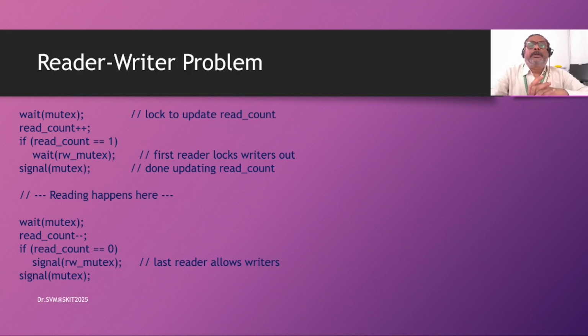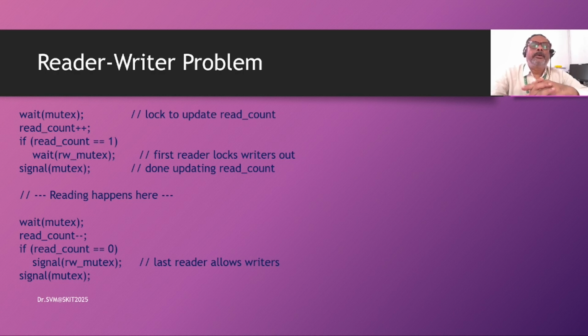Before getting into the reading, let us say the process wants to read a shared resource, therefore it has to first increment the read count. To increment the read count, which is a shared variable, we must first lock it. So let us lock the read count variable using the mutex.